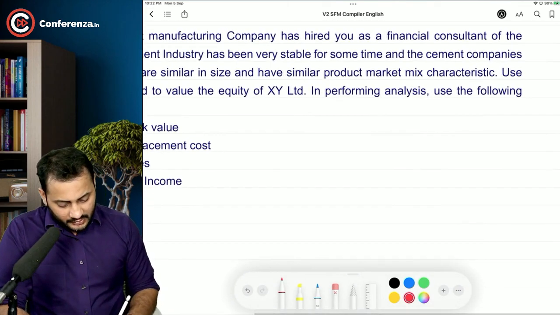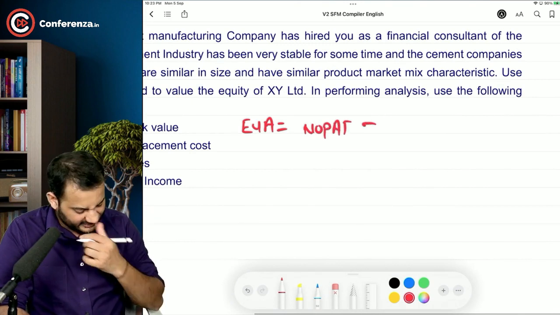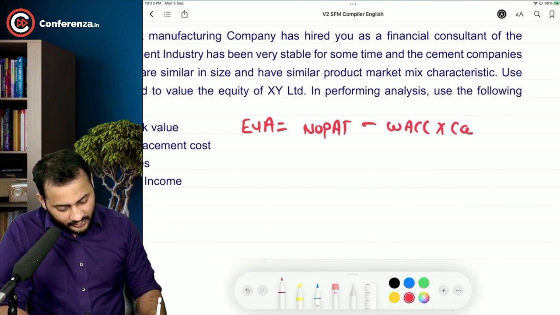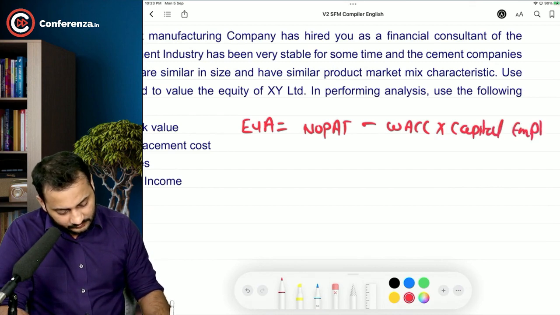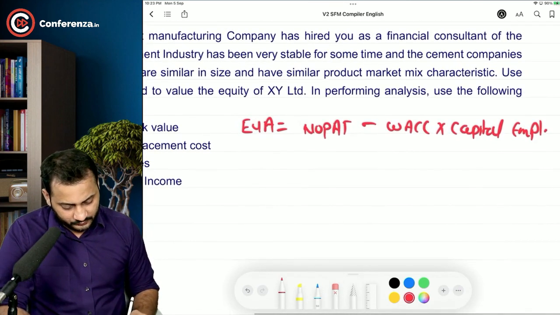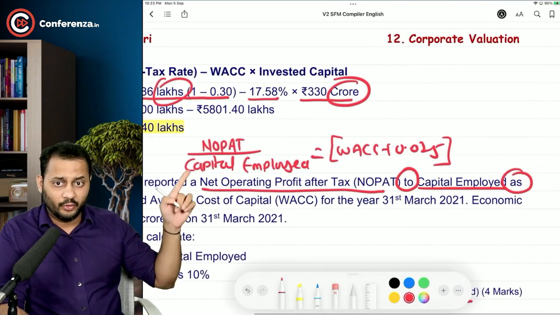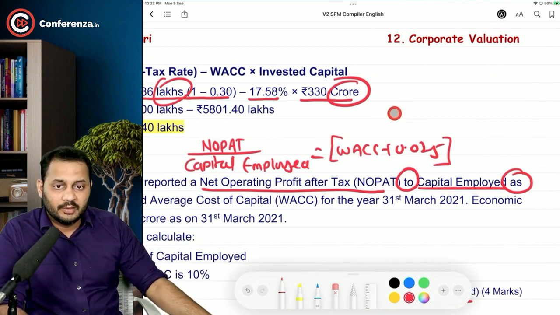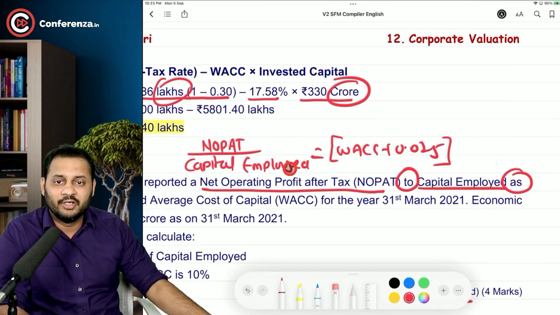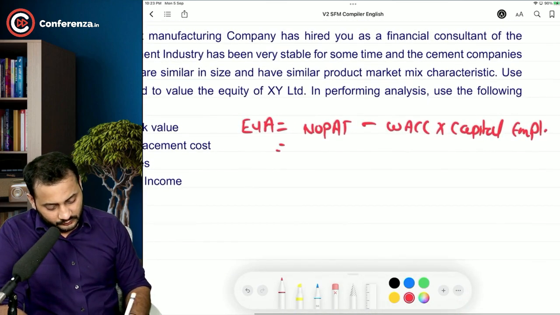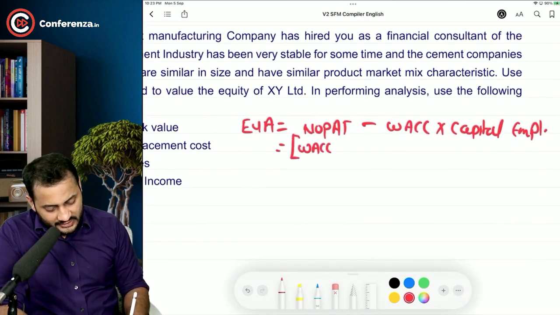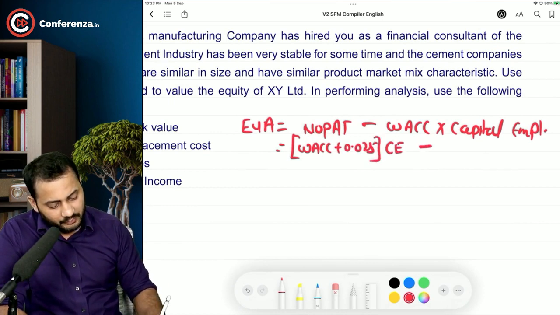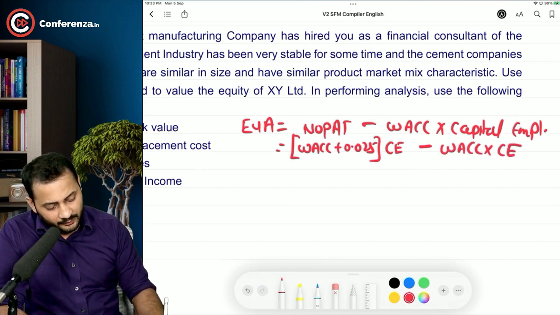Now, let's write down the formula of EVA, which is nothing but NOPAT minus WACC into capital employed, right? Now, what is NOPAT? If you transfer this capital employed to the other side, NOPAT will be WACC plus 0.025 into capital employed. So, can I write WACC plus 0.025 into capital employed minus WACC into capital employed?